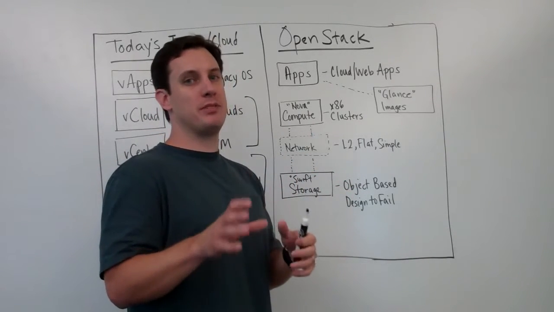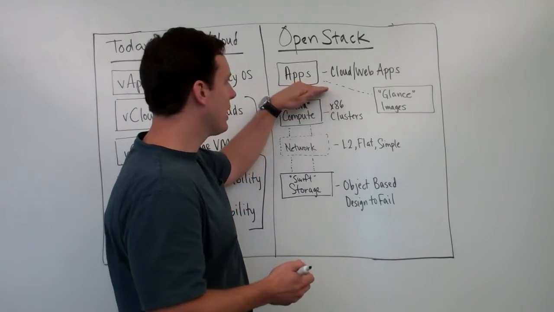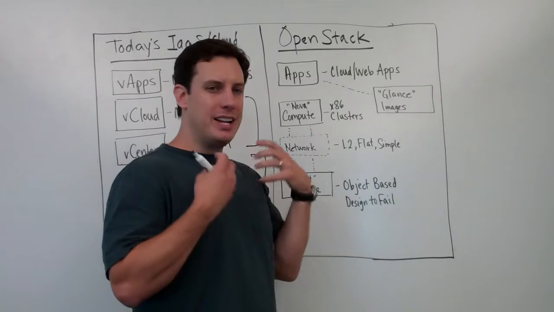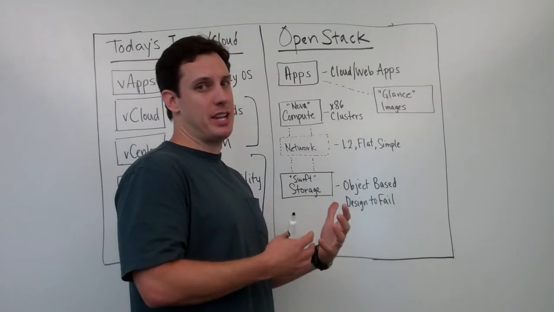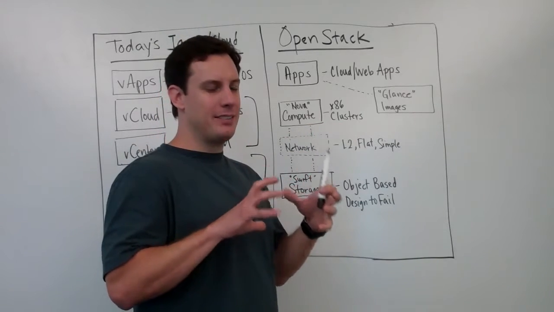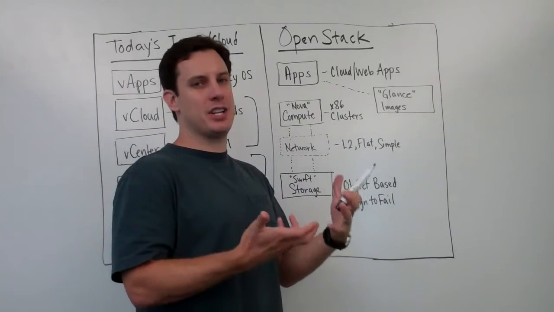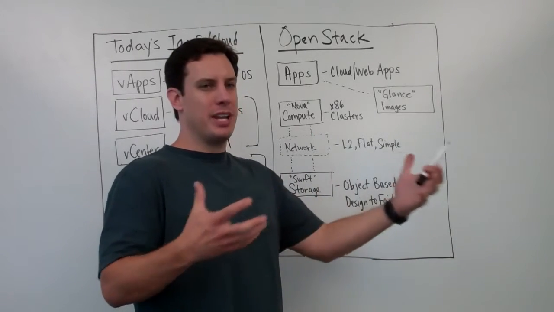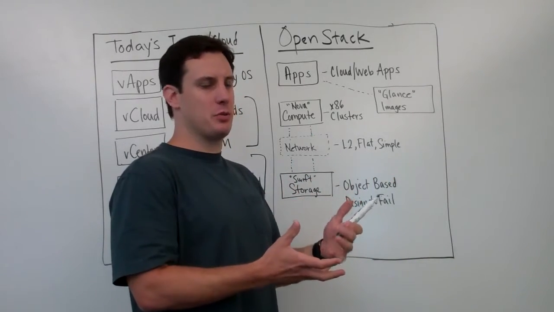Now, let me talk about some differences here. First, again, applications: cloud, web-based, expectations to scale, intelligent applications, not legacy applications. Second, the compute portion: we're looking at pools and clusters of x86 resources. Could be super small, could be super large, but again, clusters and pools of x86 resources.